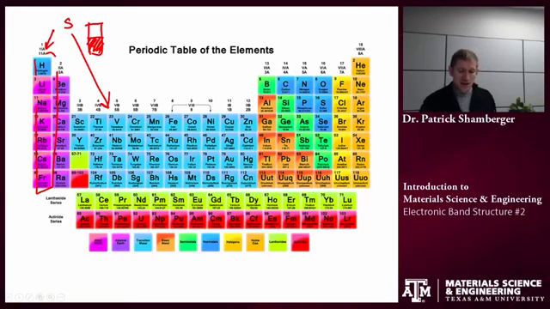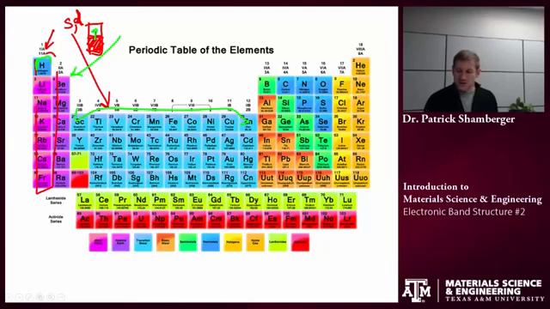Same thing in the transition metals. In this case, I have partially full d electron orbitals. And again, if I fill them up one electron at a time, I'm going to end up with a partially full band, and that means that there are energy levels that these electrons can get excited to. So these are largely behaving as metals.